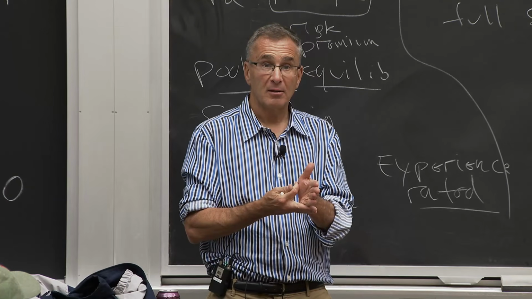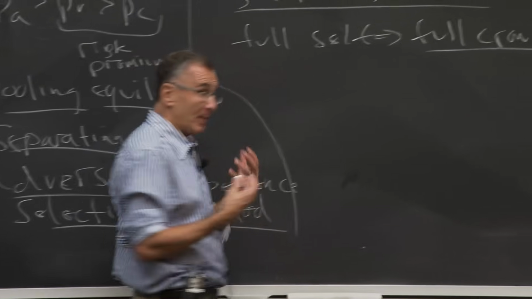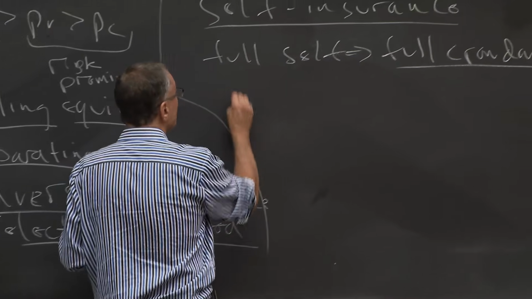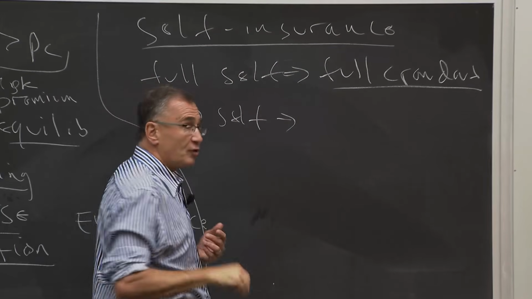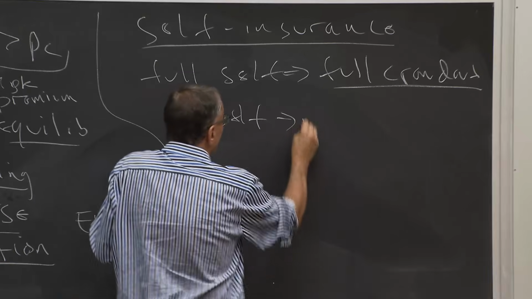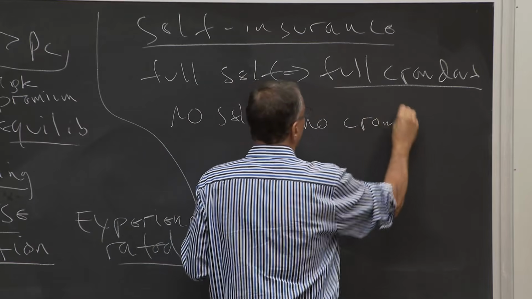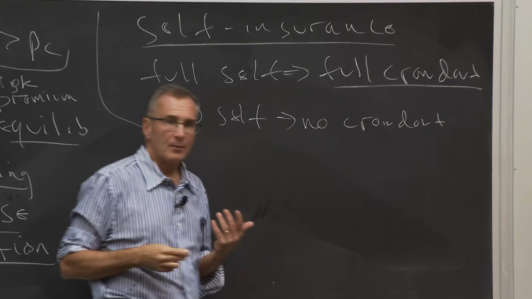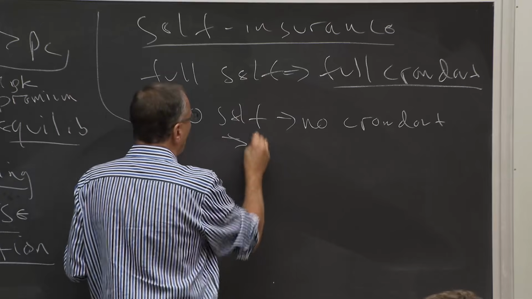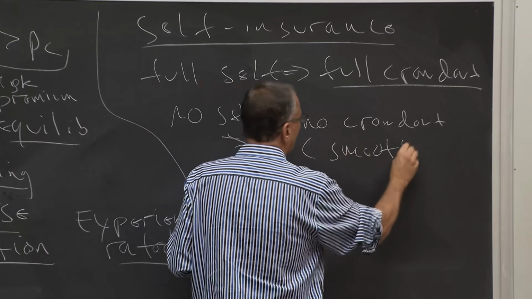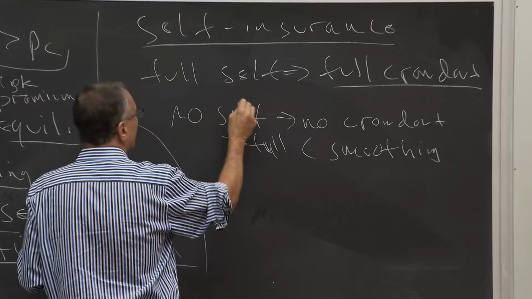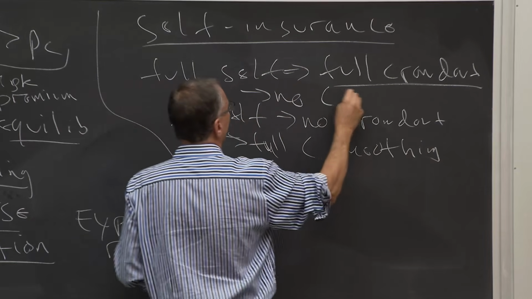Okay? In that case, there is no self-insurance. So as a result, I get no crowd out. There's nothing to crowd out, but I get full consumption smoothing. Whereas when I have full self-insurance, I get full crowd out and no consumption smoothing.